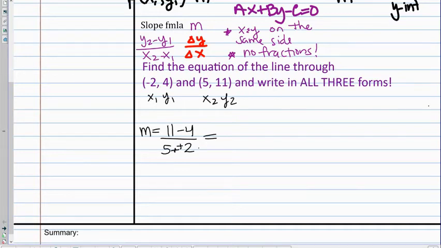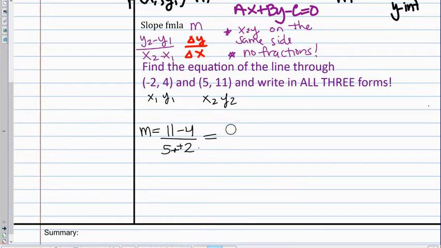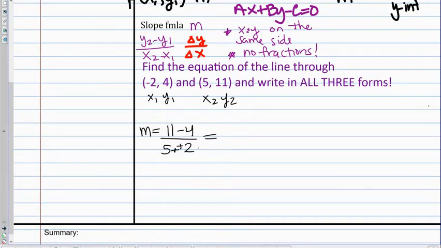So you should always be checking my work for me. So I think I'm messing up already. That should be 7. So 7. I don't know why it changes pens on me the second I go to erase. So let's try to get back to this. 7, and then 5 plus 2 is 7. So my slope is positive 1. So that's pretty easy for our first one, right?